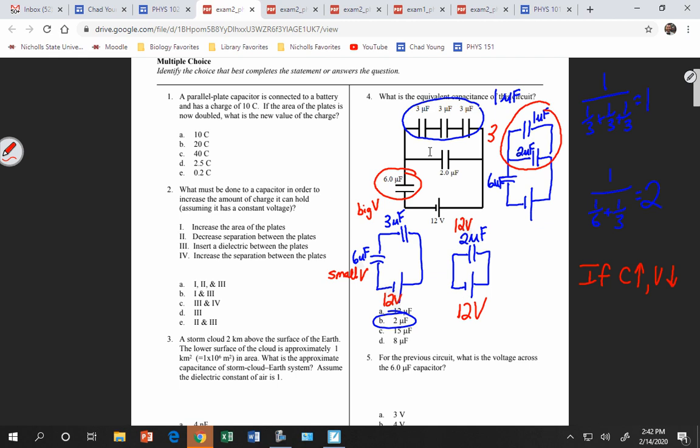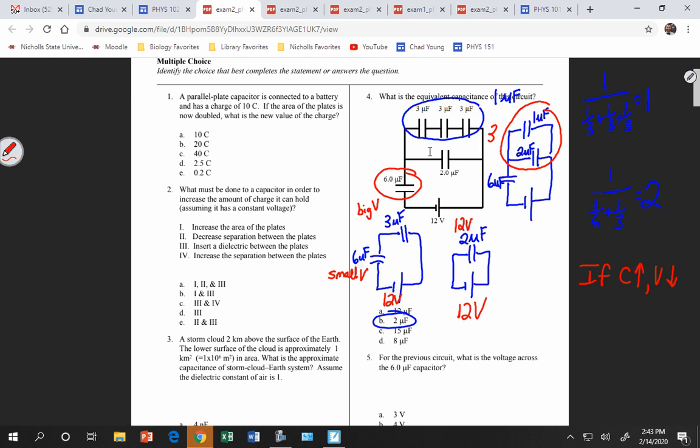Okay. I also know that these two voltages have to add up to 12. The big voltage and the small voltage have to add up to 12. By how much bigger is the voltage across the 3 microfarad going to be over the 6 microfarad? By what factor is it going to be bigger? 2. By a factor of 2. So the voltage for the 3 microfarad is going to be twice the voltage for the 6 microfarad.